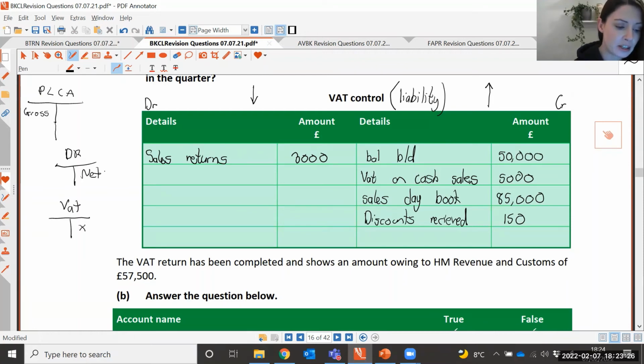So these two credits would equal the one debit. If you're not too sure, just think which side discounts received goes on: it's an income, so in the VAT account you put it on the same side.